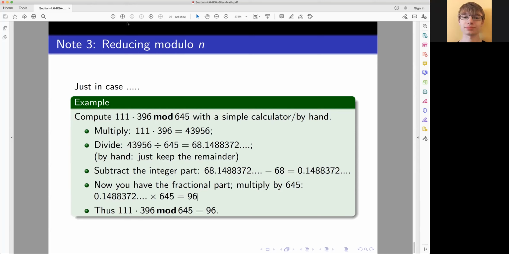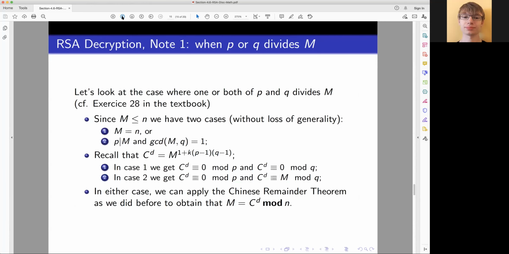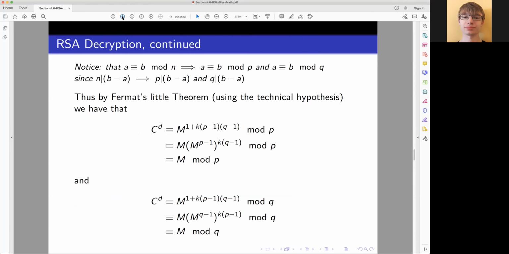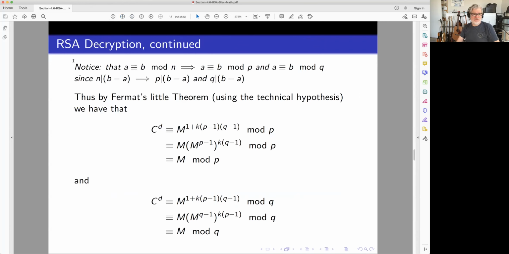Could you go back to the first slide where you did the decryption? This one? Yeah. What are you saying at the top?